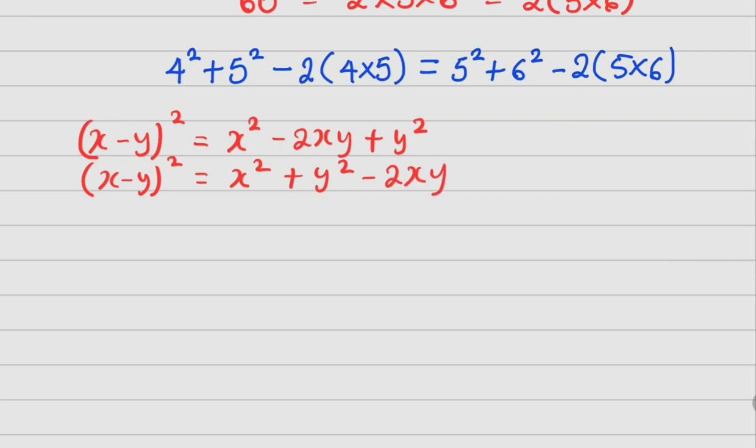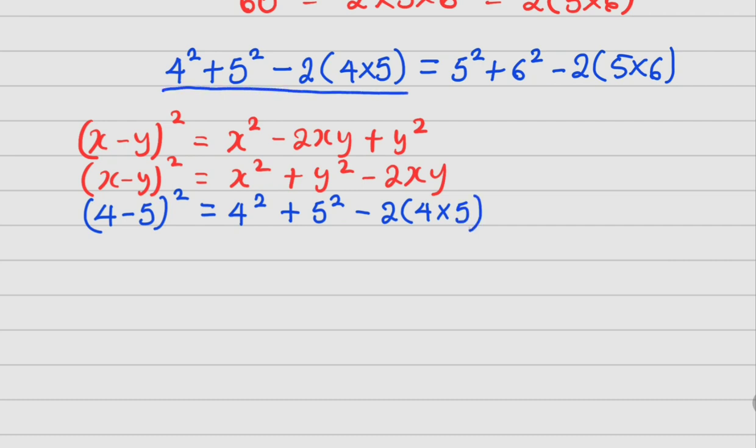That means 4 minus 5 all squared will be equal to 4 squared plus 5 squared minus 2 into 4 times 5, which is what I have here.